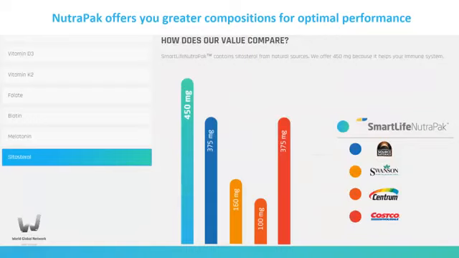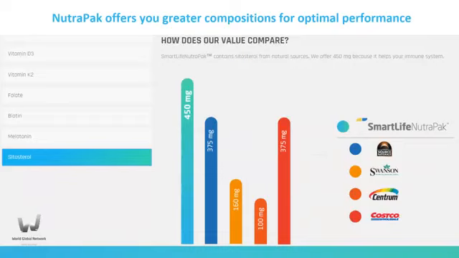Sometimes we can have greater amounts because our body gets more benefit out of it, right? So by doing this, you can go through each and every one of the vitamins and see how Smart Life NutraPak is above the competitors. But most important, you need to learn that it's not about quantity only, it's also about quality.